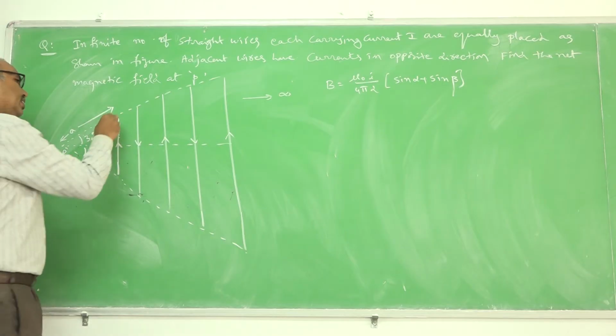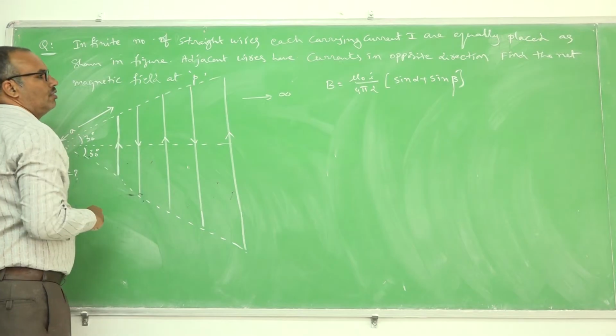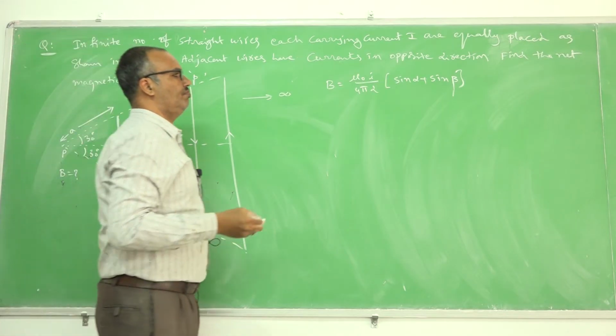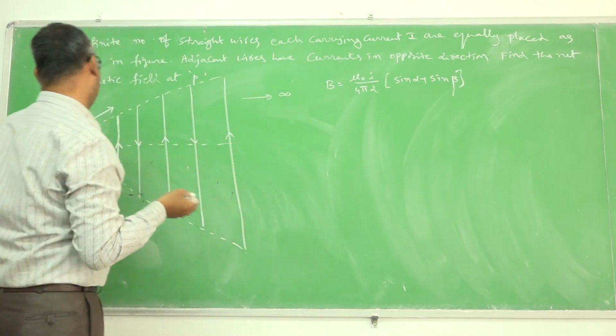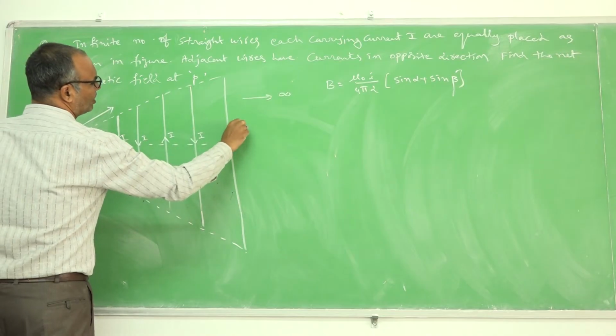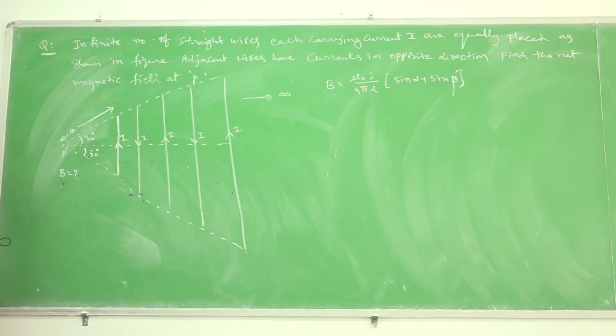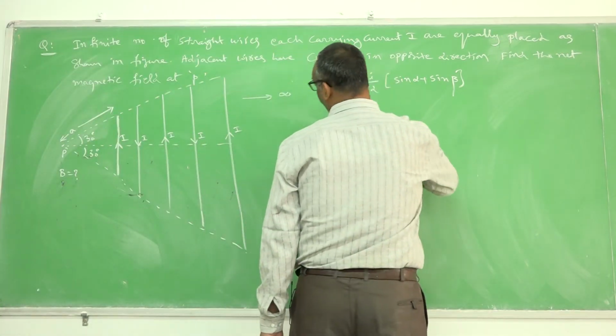The length of the conductor is not there in the formula. The strength of current they gave as I. Every conductor is carrying current I only. Alpha is given, beta is given, d is given, I is given, everything is given.